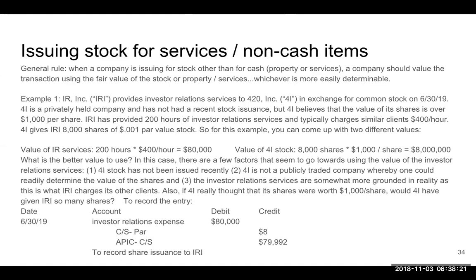When the company is issuing stock for something other than cash, we need to value the transaction using the fair value of the stock or the property or the services, whichever is more easily determinable. So we want to use our better judgment in deciding how to record this transaction. I'm going to give you an extreme example, then something a little more sensible.